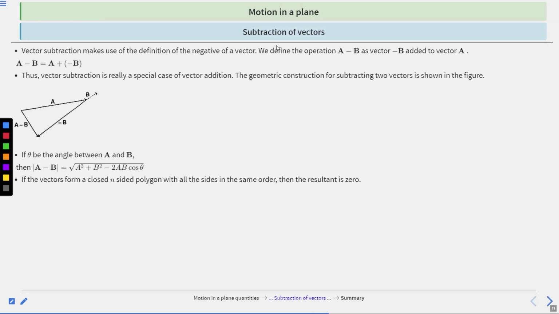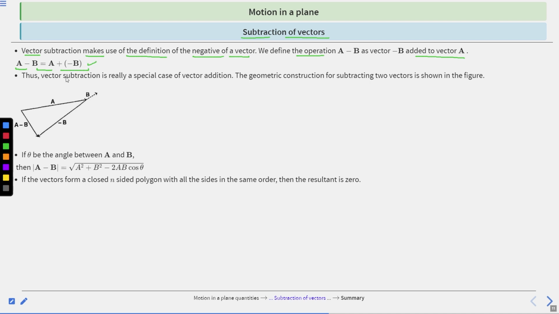Next is subtraction of vectors. Vector subtraction makes use of the definition of the negative of a vector. We define the operation A vector minus B vector as the vector minus B added to vector A, which is written as A vector minus B vector is equal to A vector plus minus B vector.